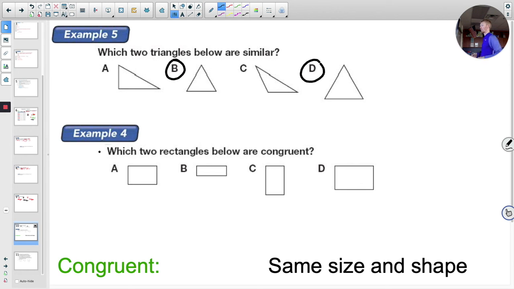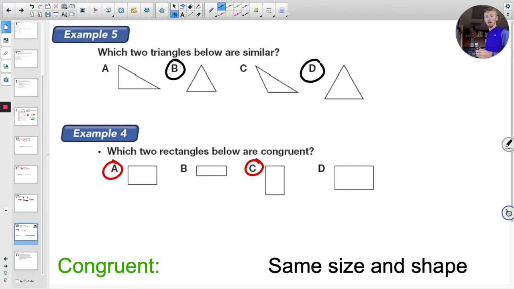So in example 4, which two rectangles below are congruent, same size, same shape? Looks to me like C and A are same size, same shape. C is just tilted, which is fine. It can be tilted, that's fine, as long as it's the same size and the same shape.